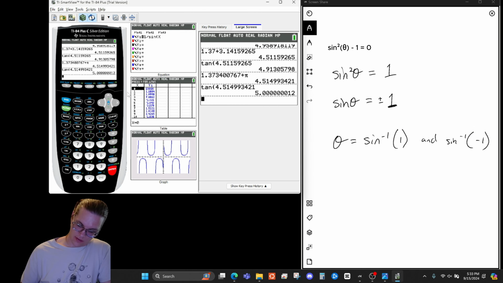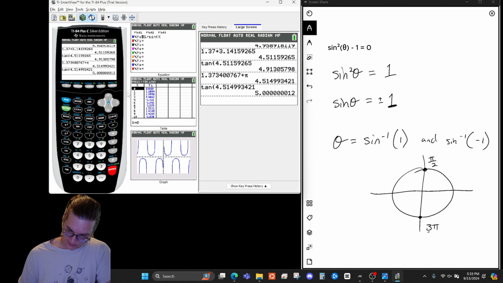Or we can just inspect the unit circle. When is sine of theta 1? It is at pi over 2. And when is sine of theta -1? It is at 3 pi over 2. So theta equals pi over 2, comma 3 pi over 2.